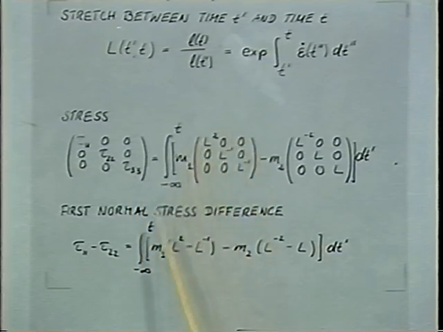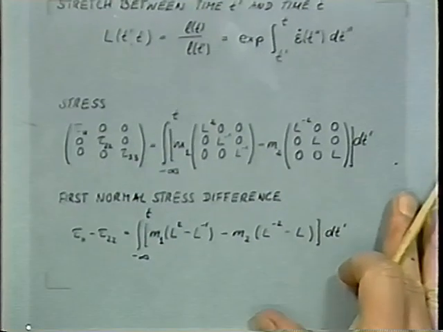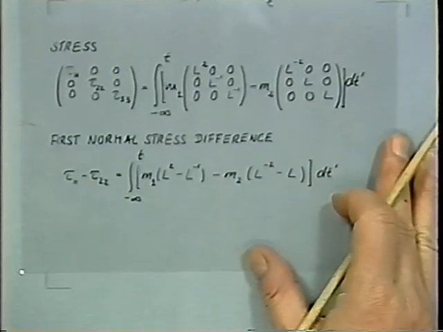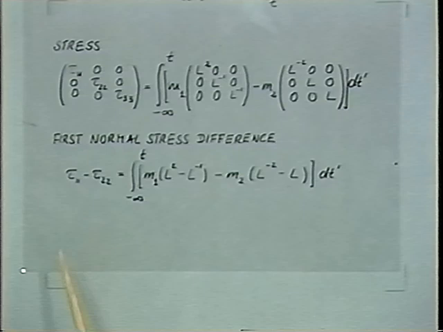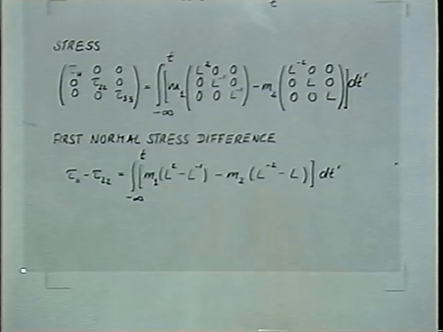We have the Finger strain components and the Cauchy strain components. See, I didn't subtract one here. You can do this in your exercises just freely because we are interested in the normal stress differences, tau 1 minus tau 2, which have the Finger strain contribution and the Cauchy strain contribution coming in with a minus sign.